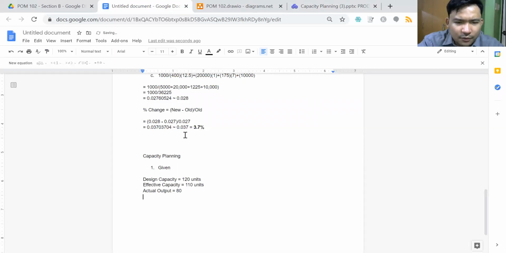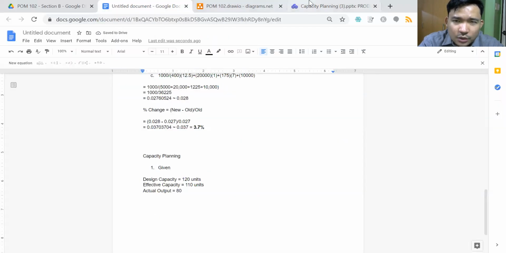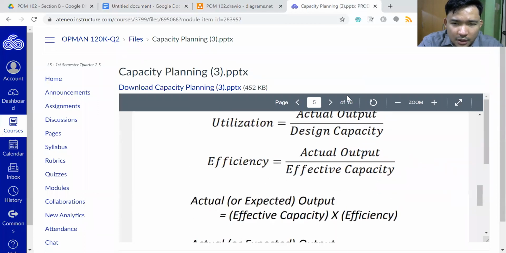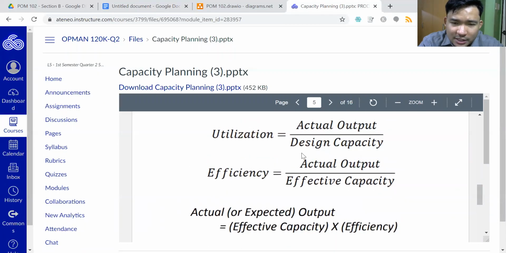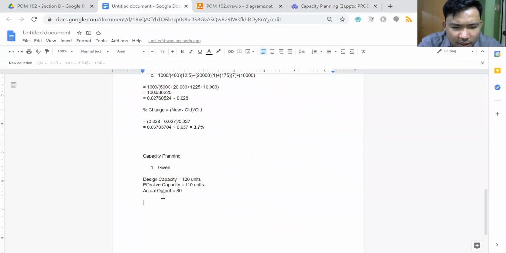All right, let's solve for what we're trying to look for. What is the firm's utilization? Using this formula, utilization is actual output over design capacity. So that's 80 divided by 120. Let me just calculate that real quick.